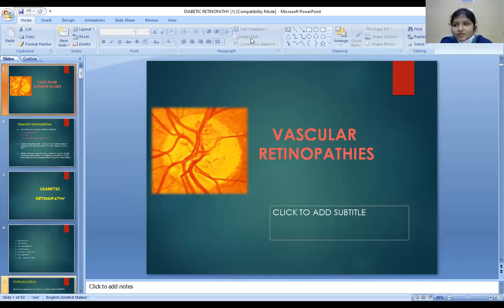What is the first order neuron in the retina? Anyone can answer, or if you want me to mention any particular number, I'll mention. Anyone can answer what is the first order neuron in retina.